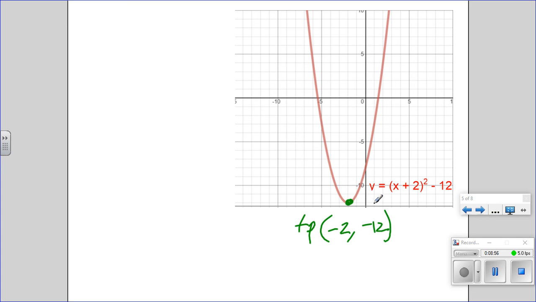And from this, we can get the generic statement that your turning point in completing the square form is negative p, q. So the opposite of whatever your p value is, q, as a general rule.